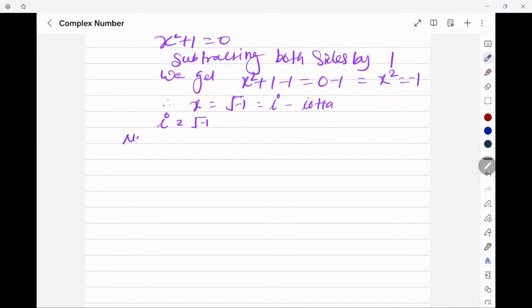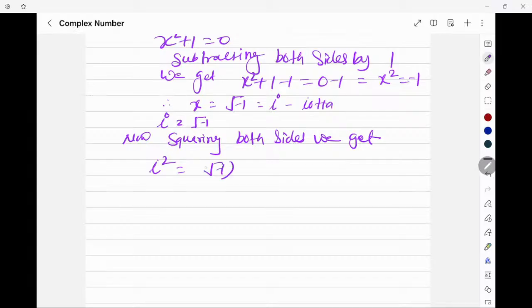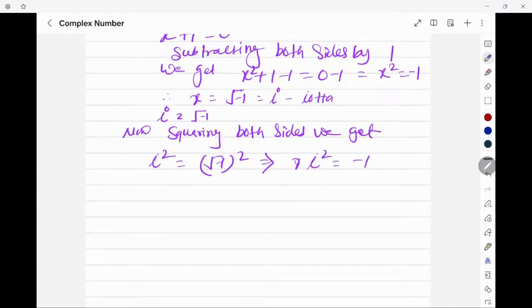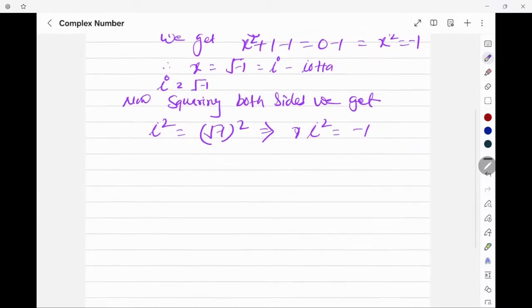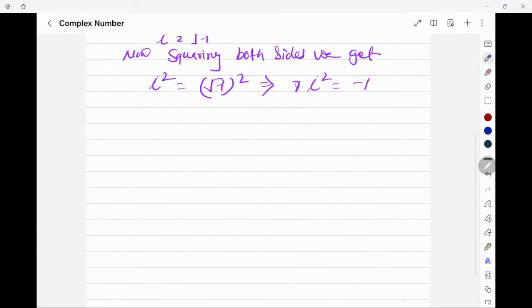Now squaring both sides, we get i squared is equal to root over minus 1 whole square. This implies i squared is equal to minus 1.